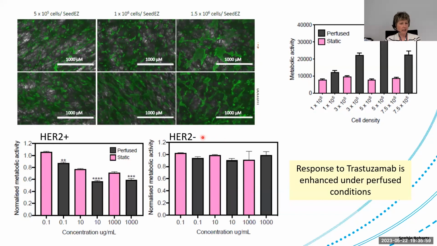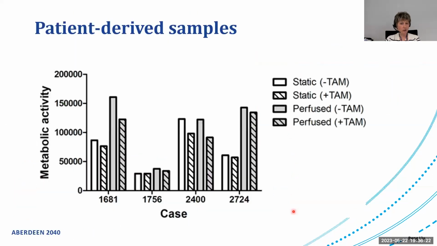And we didn't see that in HER2 negative cell lines when we looked at these in parallel. So this Perfusion Pal system is really quite a nice way of using human-derived cell lines to study the effects of drugs. And while the slide that I'm showing at the moment was using cell lines, we have also gone on to use this more recently in patient-derived samples.